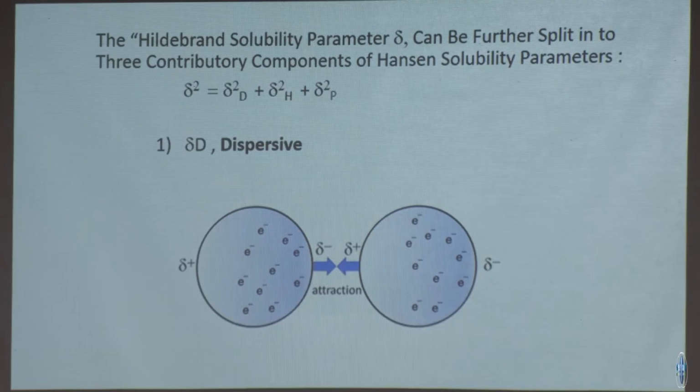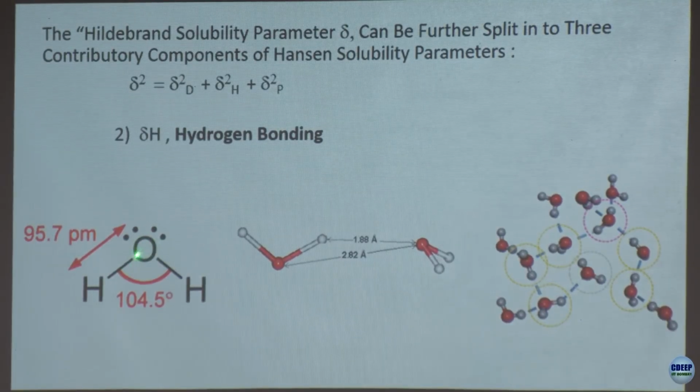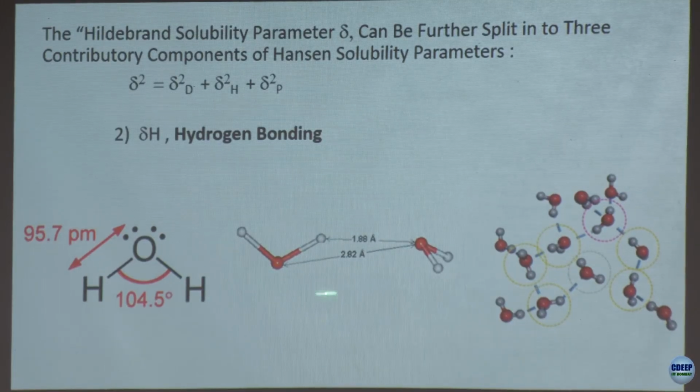Fine. The second interaction is the hydrogen bonding interaction, which is because of the polarization of a permanent dipole which is there between water and the protons in this particular structure, and then two water molecules will tend to align themselves in such a manner that a hydrogen bond will be formed.